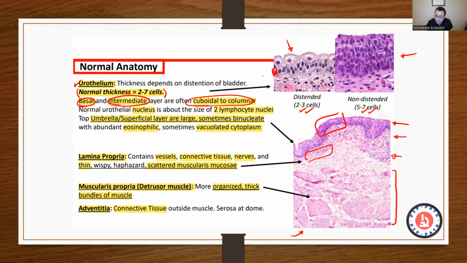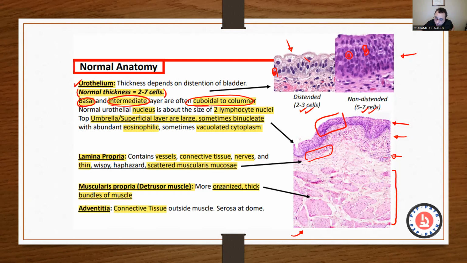I'm highlighting one cell right there, which is usually more columnar. And then, especially in the non-distended bladder, you see the intermediate layer. I'm highlighting one of the cells here, which is polyhedral or cuboidal slash columnar, because a cell like this looks more like a columnar. And then you have the superficial layer.